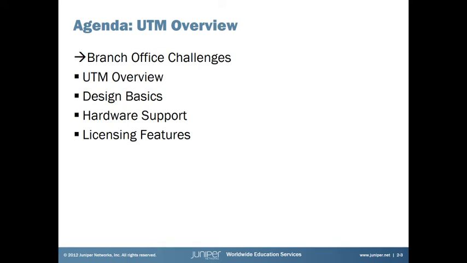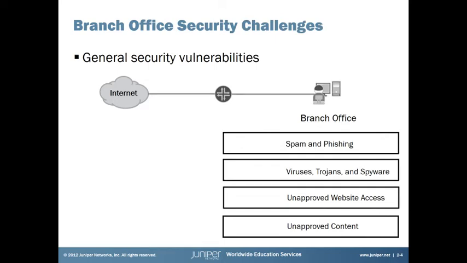So on a branch office, some of the issues that we have: spam, phishing, we've got malware, viruses, and so on. There also is the issue of unapproved website access and unapproved content. So UTM addresses all of these things.